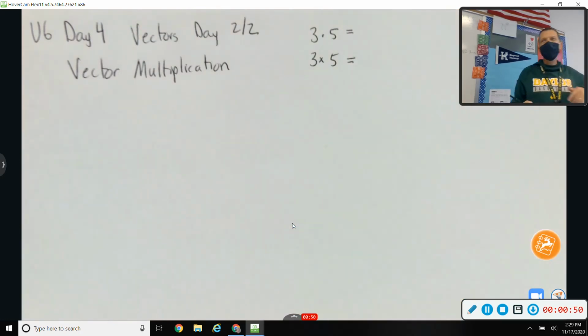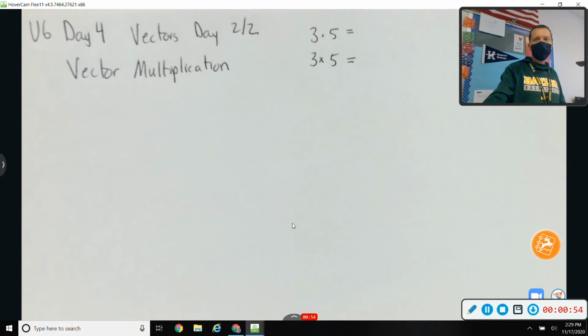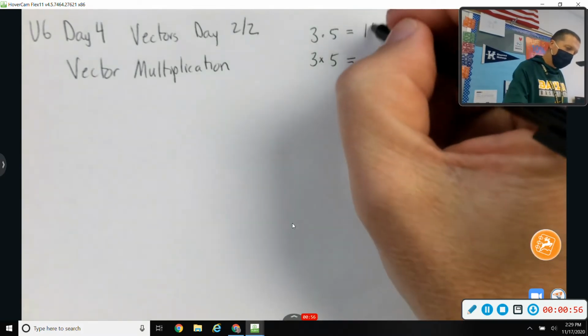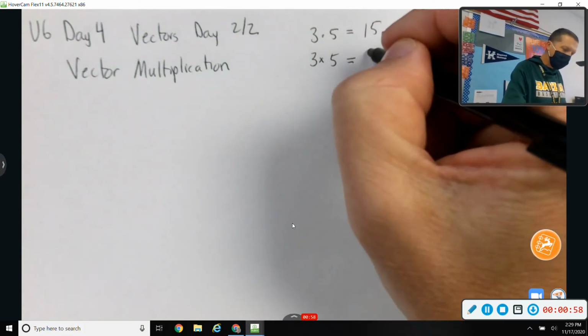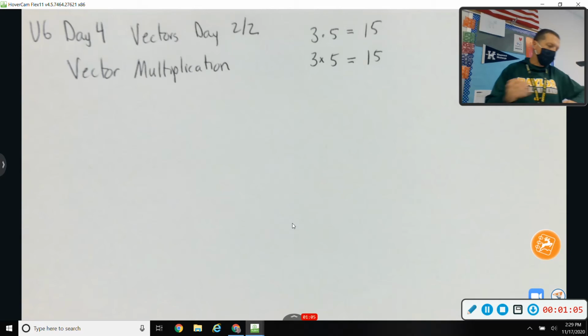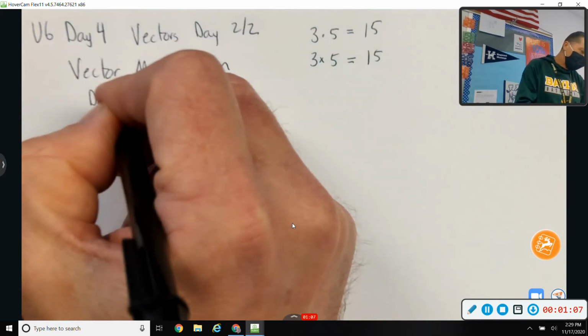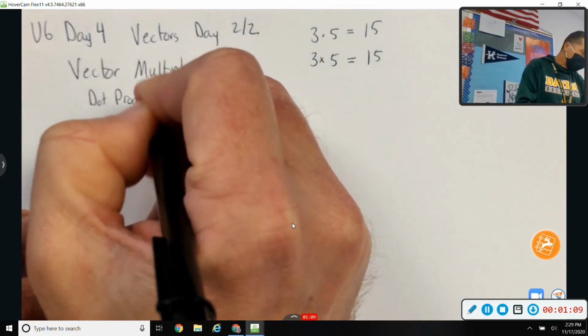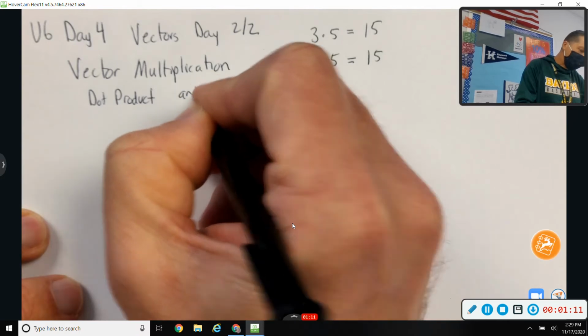And that's new to us because we've got different symbols for multiplying already. Like we know 3 times 5 is 15 and 3 cross 5 is 15. That's just multiplying. That doesn't matter. But with vectors, those symbols are different things. It's a dot product compared to a cross product.